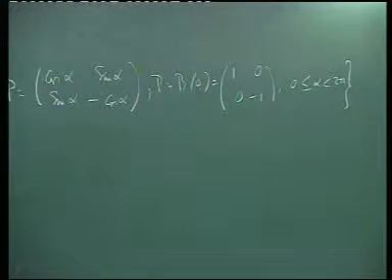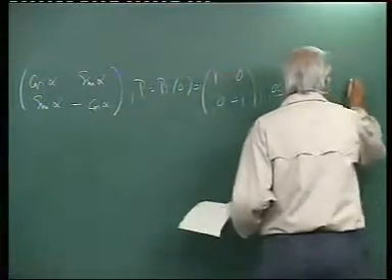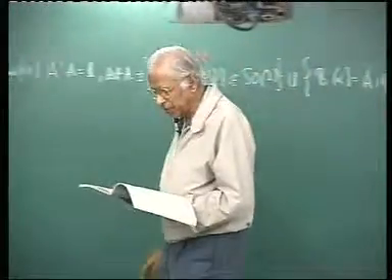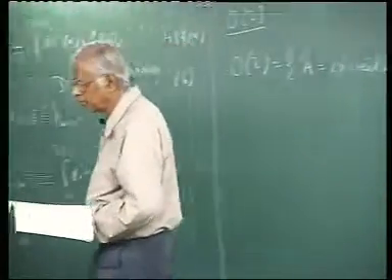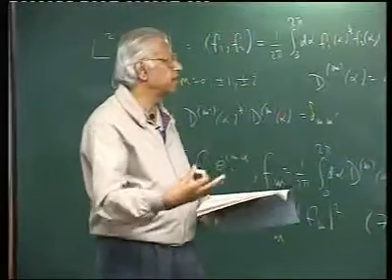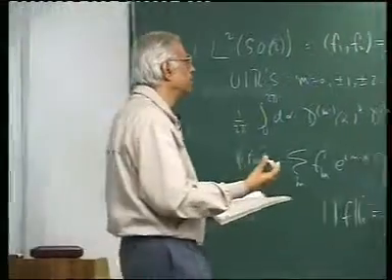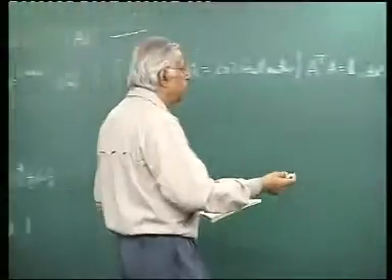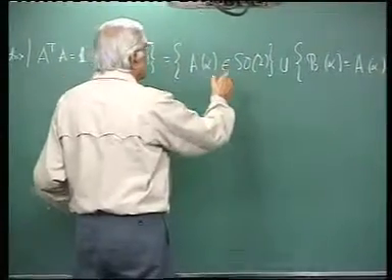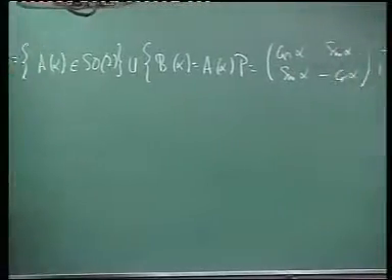So I want you to convince yourself that this group of both proper and improper rotations in the two-dimensional plane is made up of two disconnected pieces. Each one is connected. The piece containing the identity is this one, SO2. The rest is what I have written in the second curly bracket.